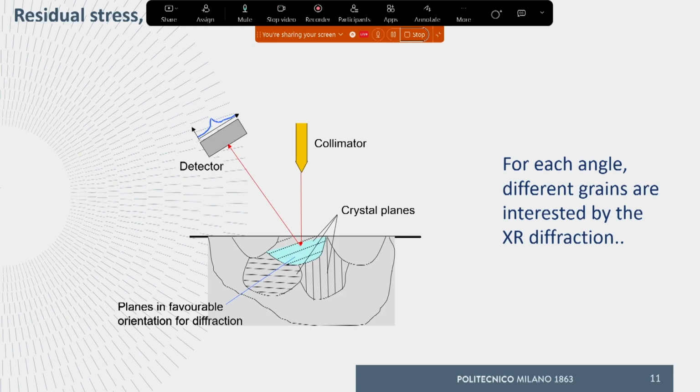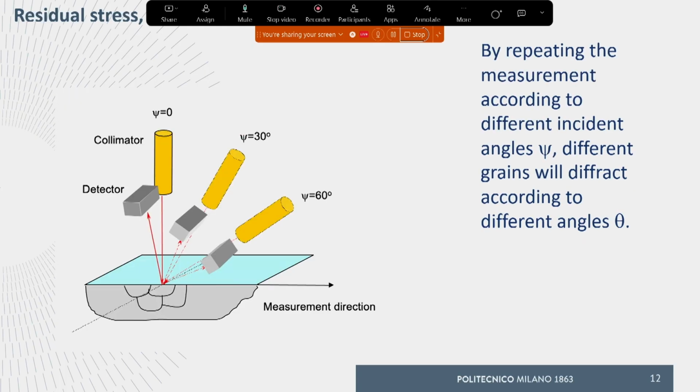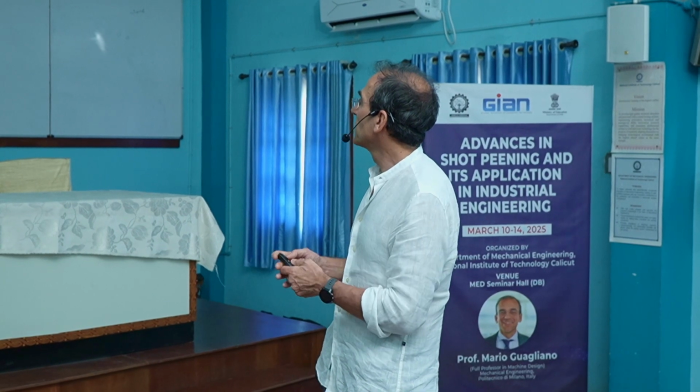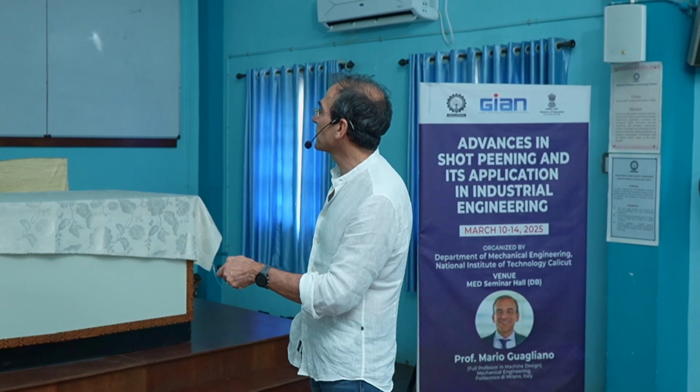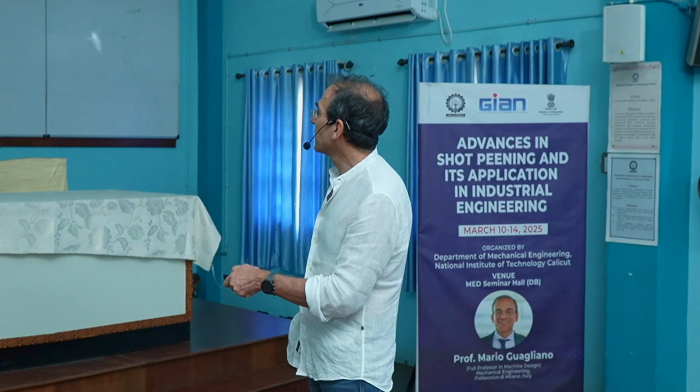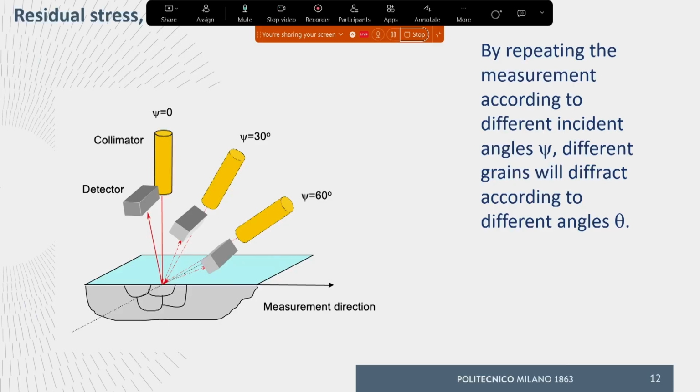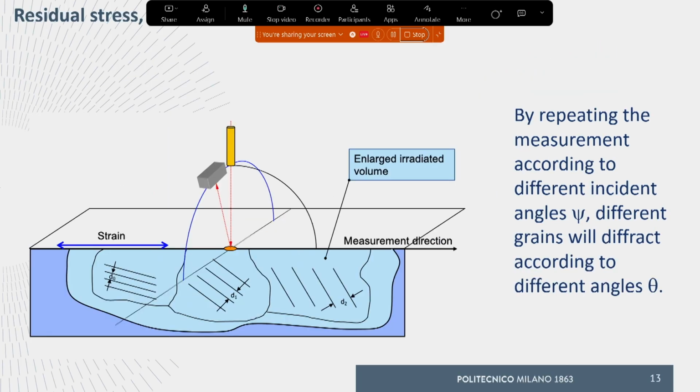Any question? Okay, and we go on. We repeat the measurement according to the inclination angle psi, and it will diffract, and the signal will be at a different angle theta, but the theta will be quite close. The deformation of the single grain will be different, so theta cannot be the same, but the material is the same, so the variation will be small.